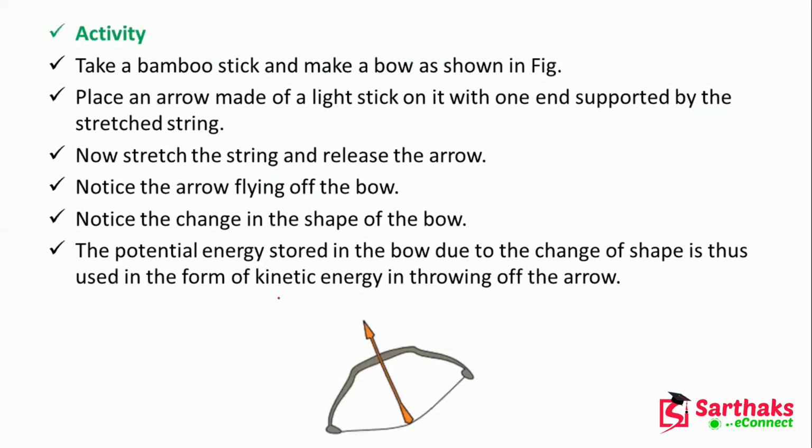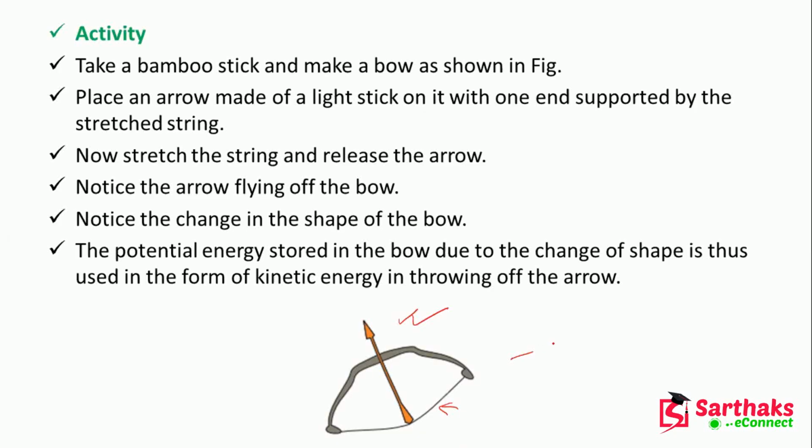Now another activity, please do it. Take one bamboo stick and make a bow, this type of bow. Now place an arrow made of a light stick here, then stretch the string and release the arrow. It will fly off the bow. Notice the change in the shape of the bow.